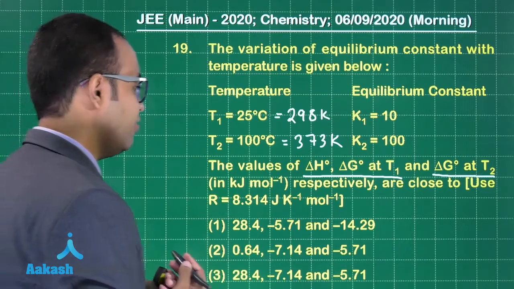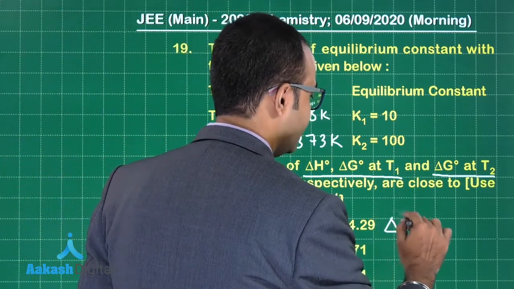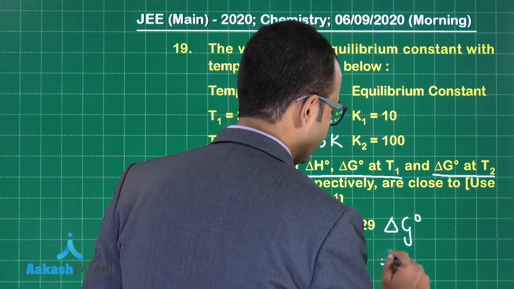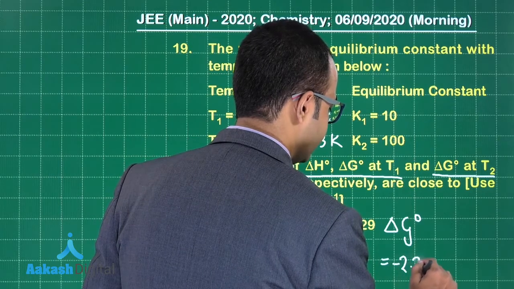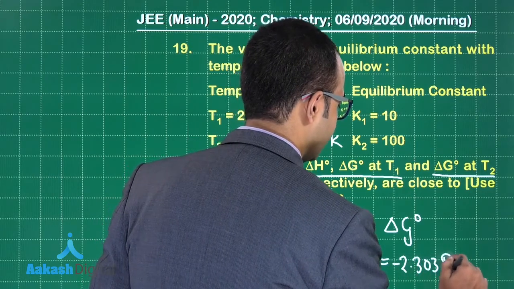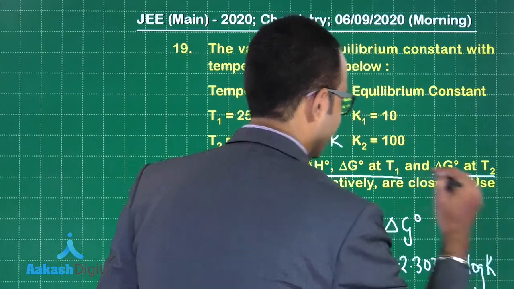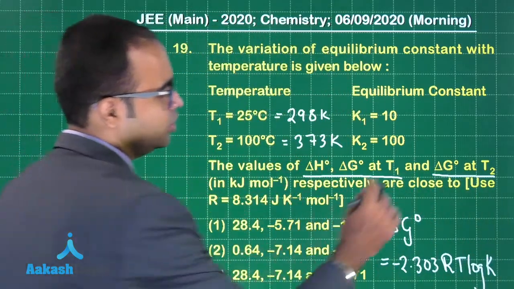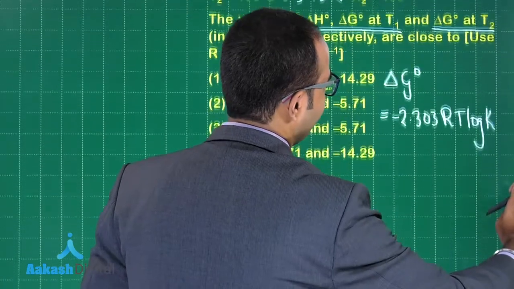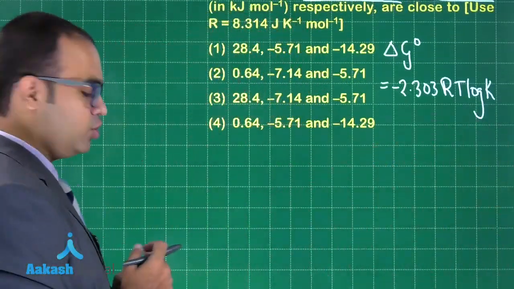We will use the formula del G naught is equal to minus 2.303 RT log of K, right? This is our formula. So let us apply this formula, guys, and calculate del G naught.